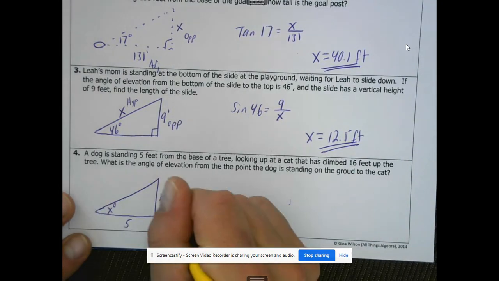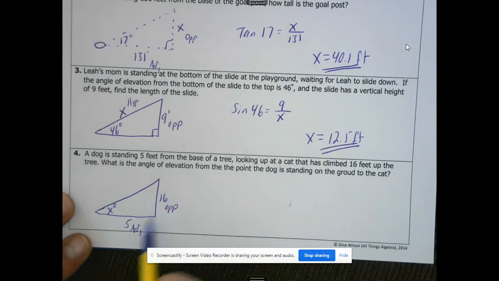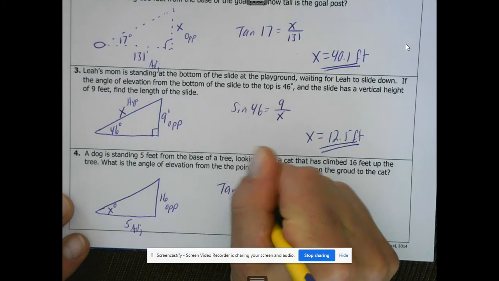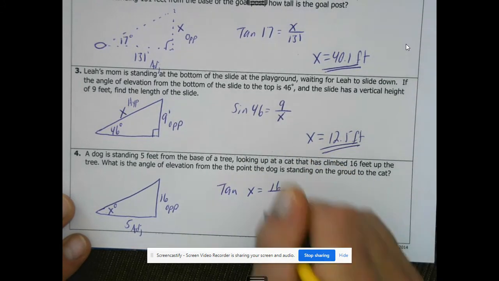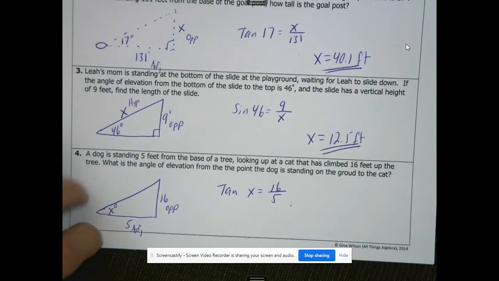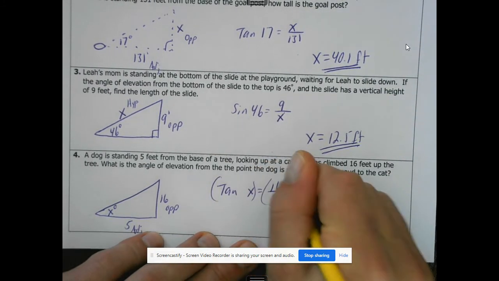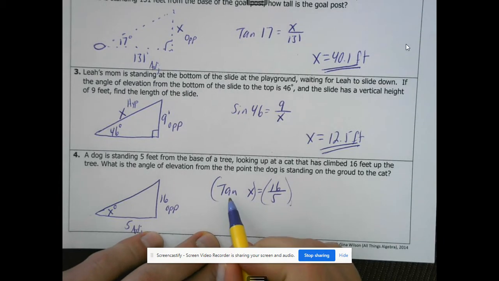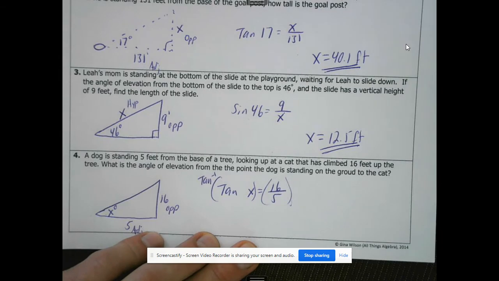Label. Across is opposite. Next to me is adjacent. O and the A, we use tangent. So tangent of X equals opposite 16 over adjacent 5. Finding a missing angle, guys. Remember, this is the one where you got to apply your inverse trig ratios. So in this case, I'm going to multiply both sides by inverse tangent. Remember, that looks like tangent to the -1.